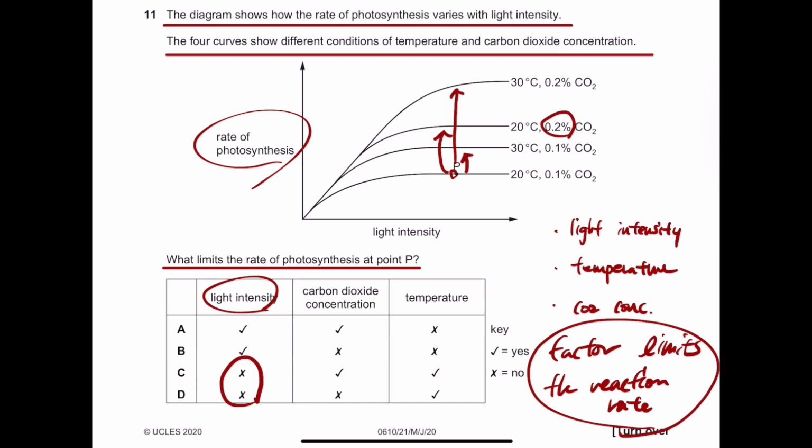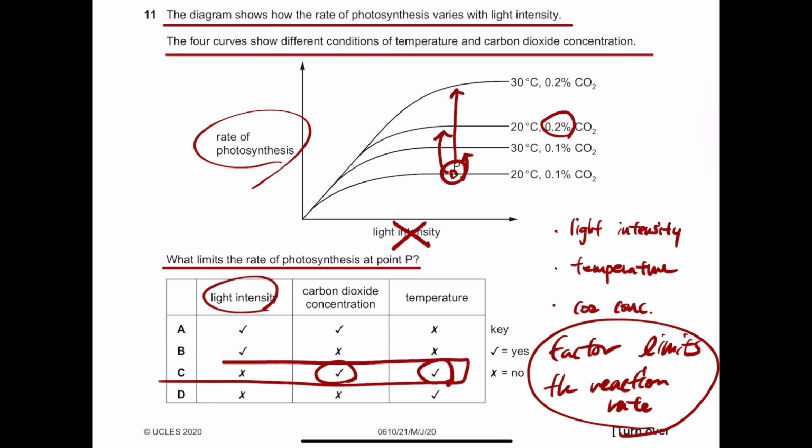So the limiting factor at P is not the light intensity, but both carbon dioxide concentration and the temperature, because they both affect the rate of photosynthesis by increasing or maybe even decreasing it. Okay? So the answer for this one is C.